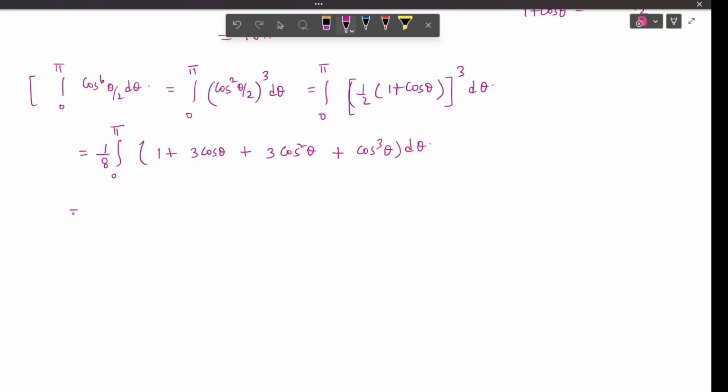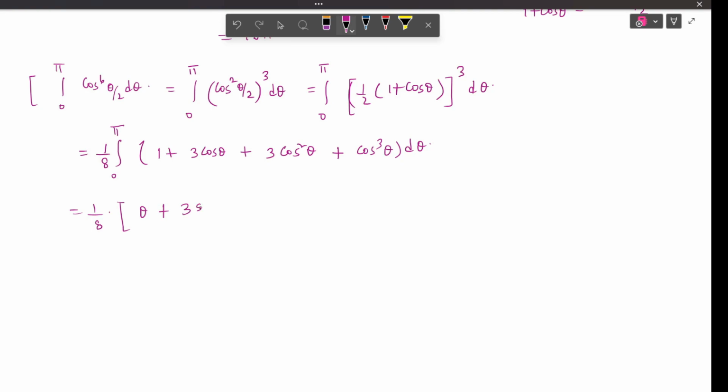Now this is 1 by 8, 1 into d theta, integration would be theta, and for cos theta integration is sin theta.